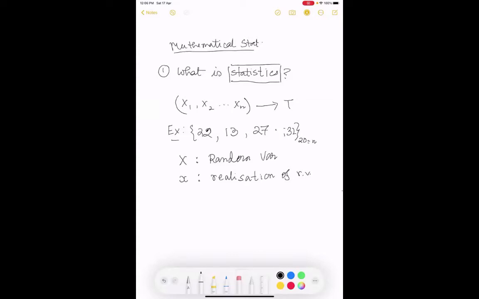Effectively, whatever information we have, I can think of it as being in n dimension.